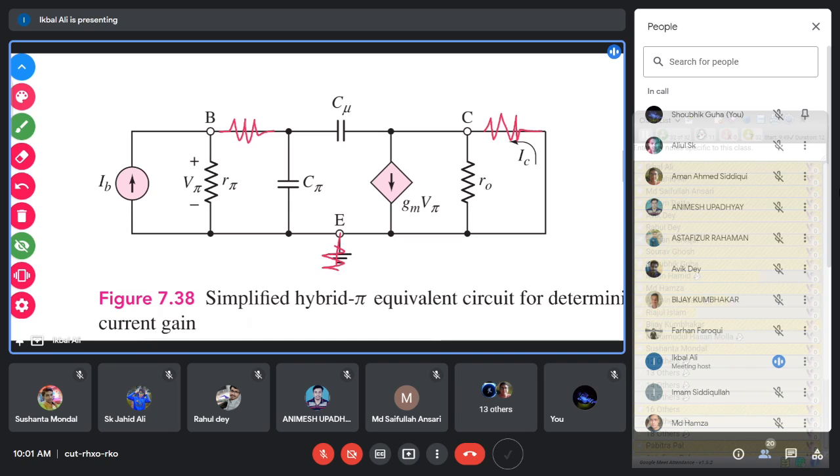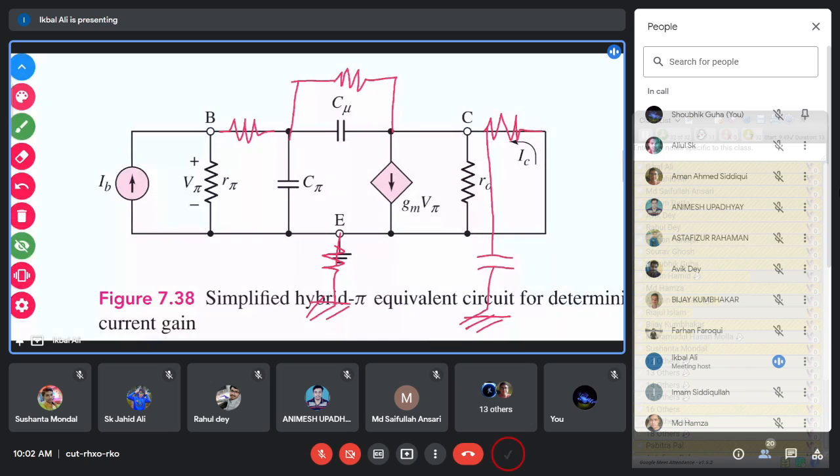Also, the reverse bias diffusion resistance between B dash and the collector has been open circuited, and the substrate capacitor between the ground and the substrate has been discarded.